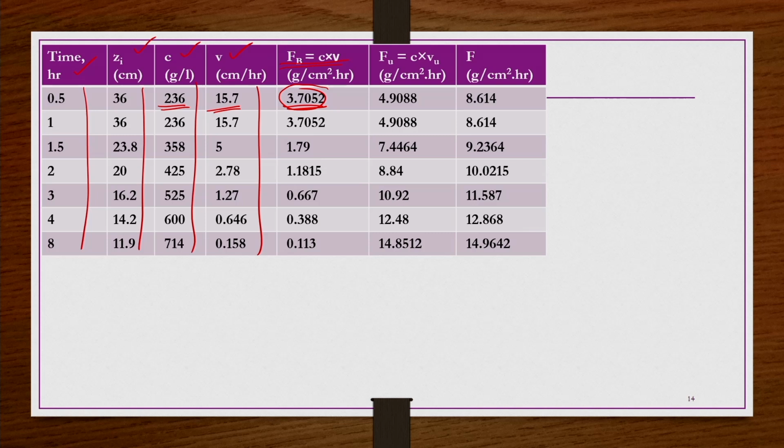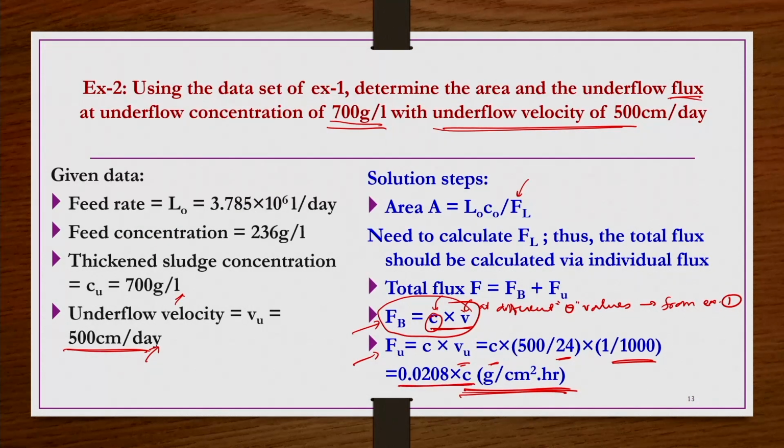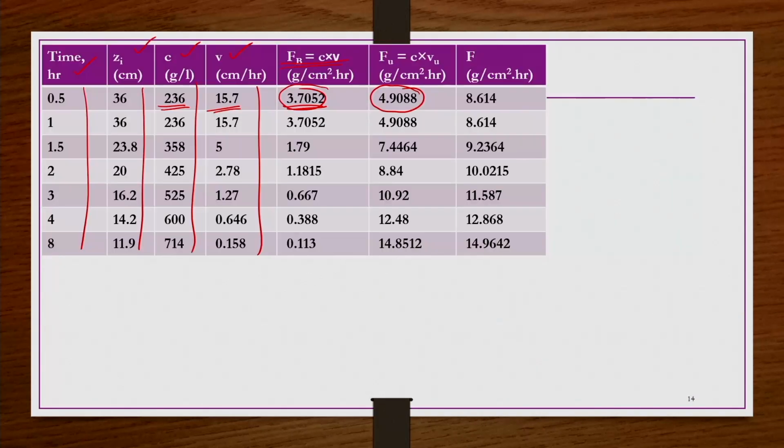And then the corresponding underflow flux is nothing but C multiplied by VU. So 236 multiplied by the VU information for the first case, 0.0208, if you do that, you will get 4.9088 gram per centimeter square hour.